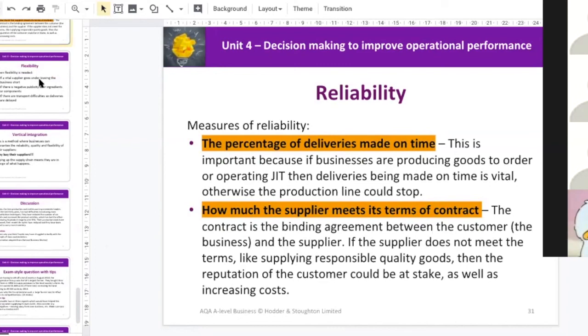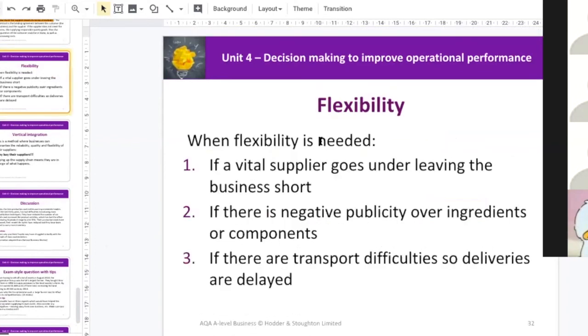Okay, last point, we have flexibility. Now, anything could change during operations. So in your production, you might face different problems. So your supplier needs to be flexible to make things around.